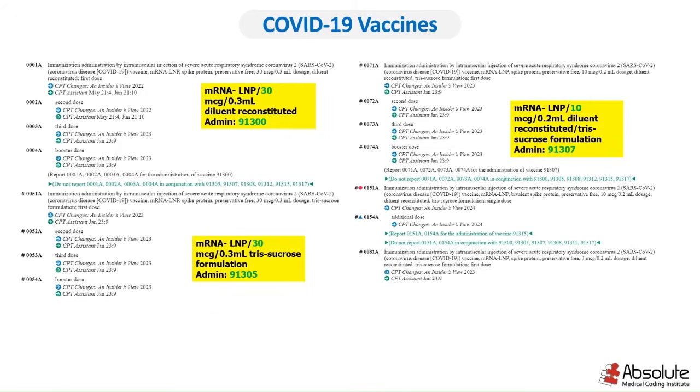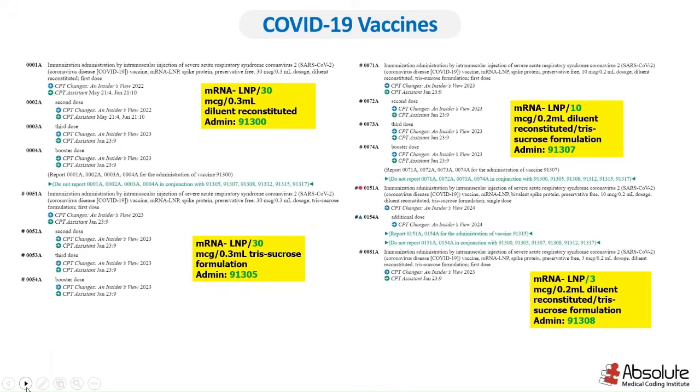Next family is 0081A through 0084A. That is for mRNA LNP 3 mcg per 0.2 ml diluent reconstituted tris sucrose formulation. The admin code is going to be 91308. So you can see the difference in the dosage or the concentration which has been used in all these families, and the respective administration code which also has to be coded.